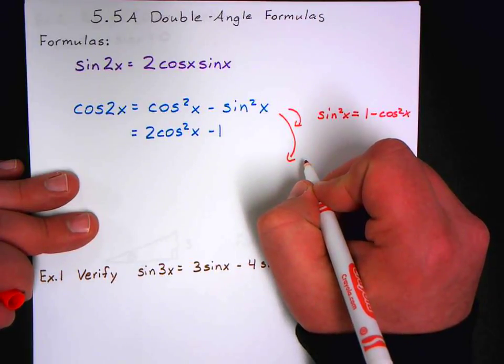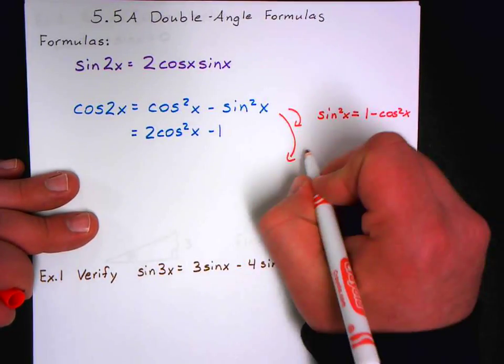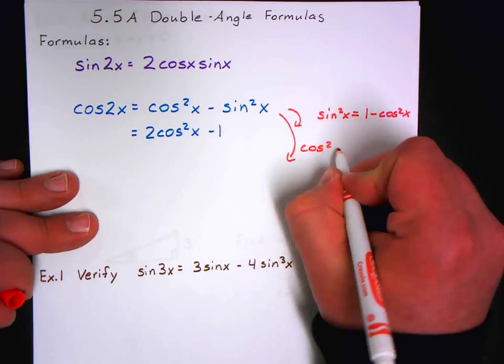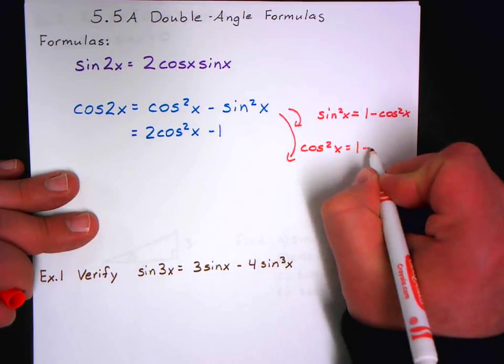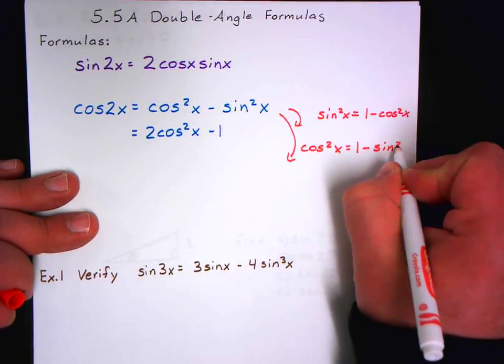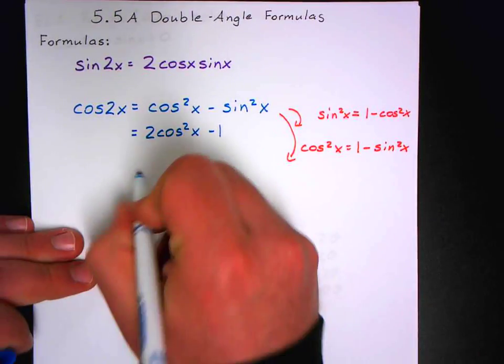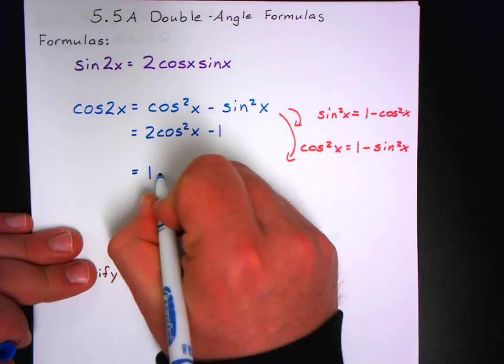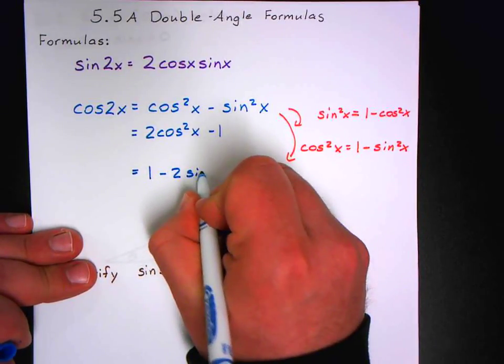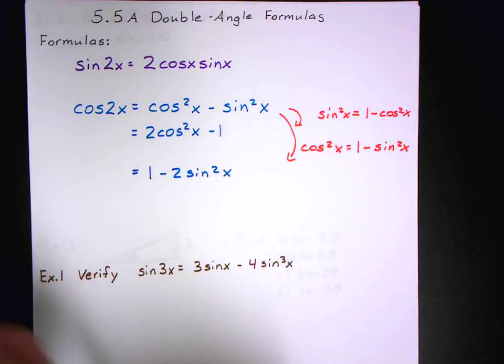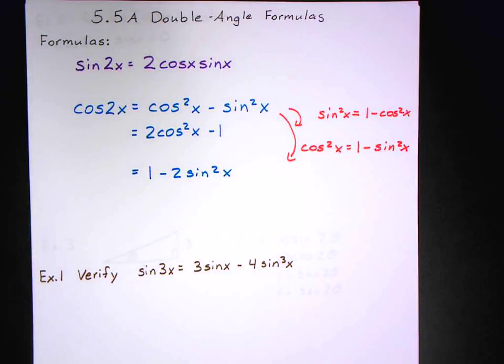So then the other way is if you take cosine squared x and you replace it with 1 minus sine squared. So then your minus sine squareds would group together and you'd end up with 1 minus 2 sine squared. So those are your 3 versions of the formula.